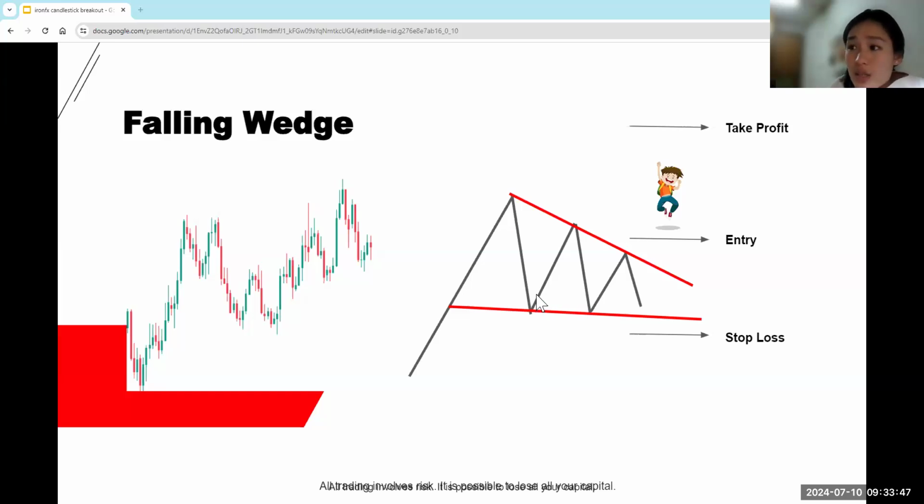So the upper line, which we see here, basically connects the lower highs to the bottom line. When I say lower highs, I mean because there is a swing high here, here, and here, but price is making the swing highs lower each time. That's basically what I mean by lower highs. Okay.